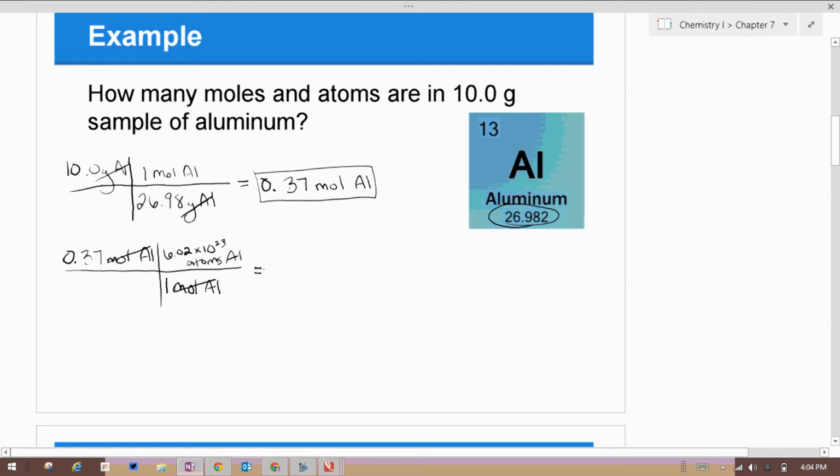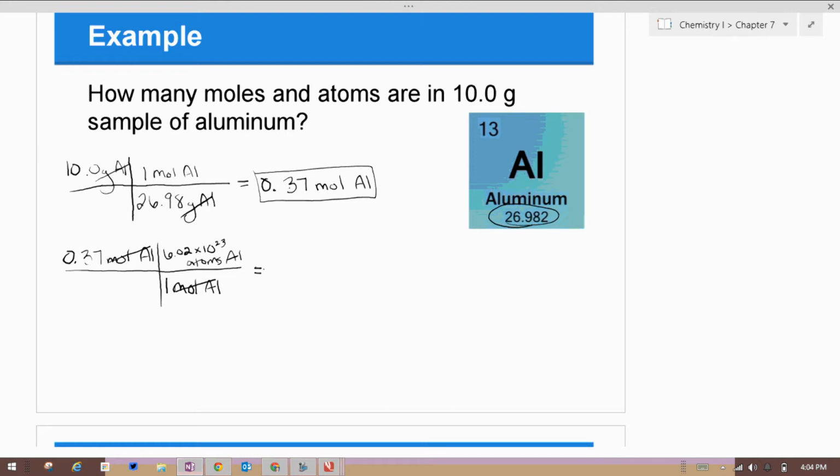Now in my calculator, I'm not going to retype 0.37 because I want to use that whole number that came before. The last thing that I entered into my calculator was 10 divided by 26.98, and I hit enter, and I got a long decimal of 0.3706449222. That's still in my calculator. That was the last thing I entered. So I'm just going to go straight to my calculator because I want to take that number and multiply it by 6.02 times 10 to the 23rd.